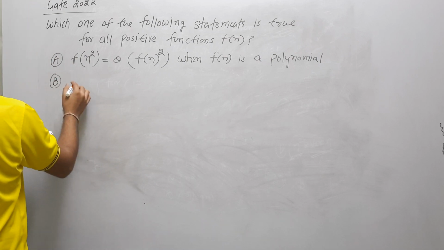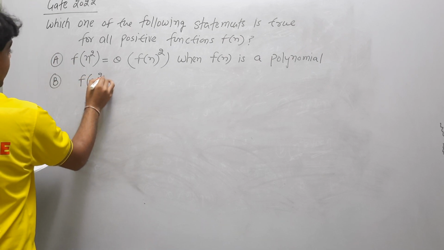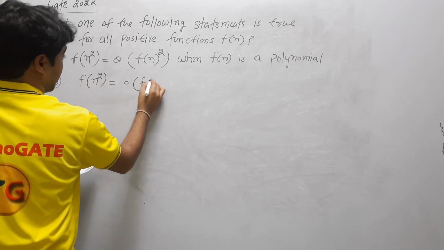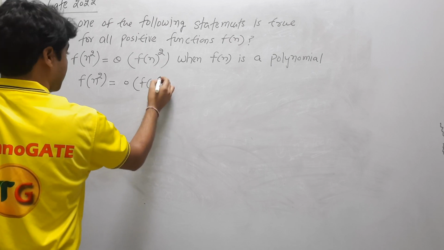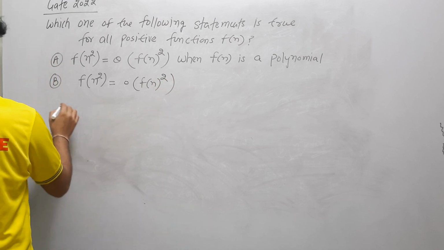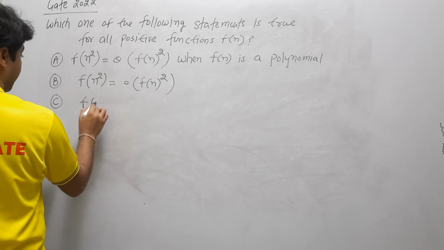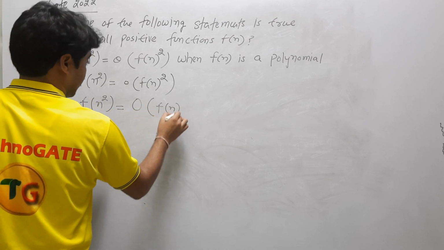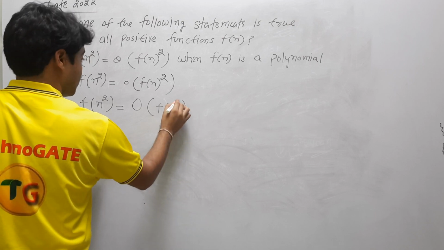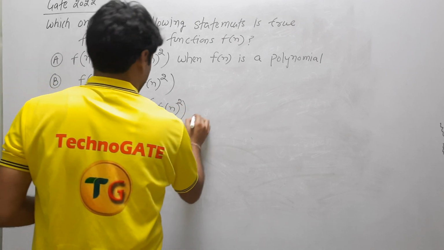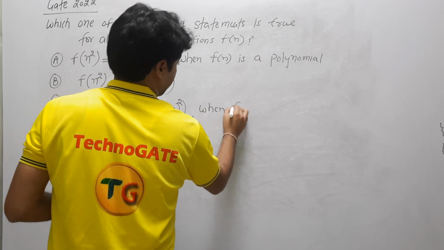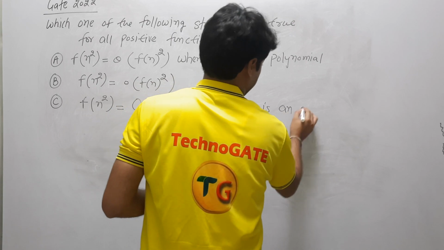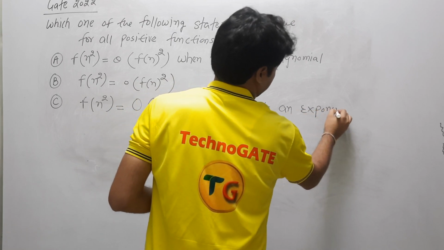B is f of n square is small o of f of n whole square. C is f of n square is big O of f(n) whole square, when f(n) is an exponential function.